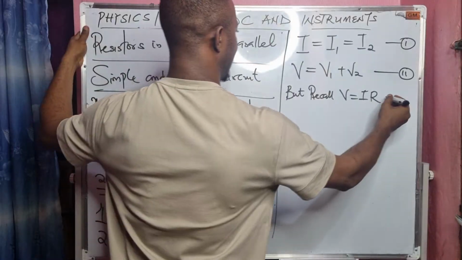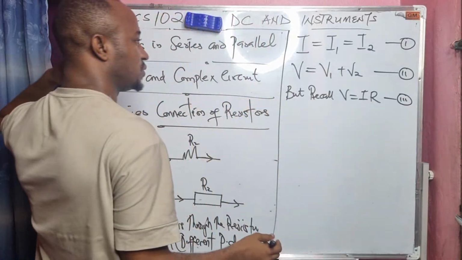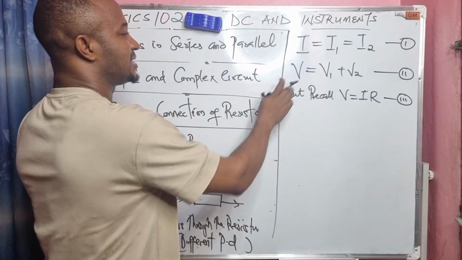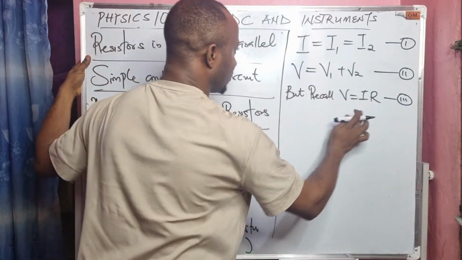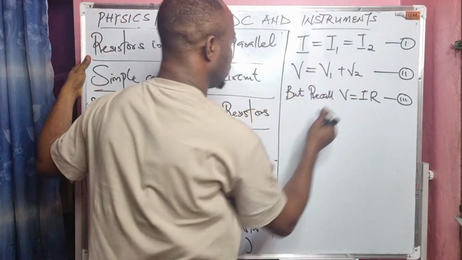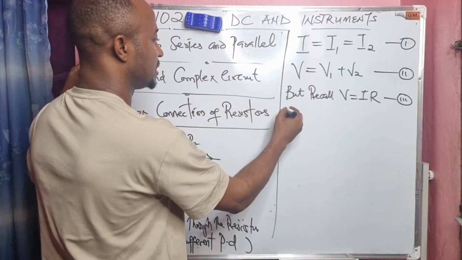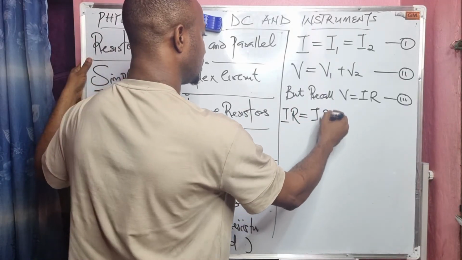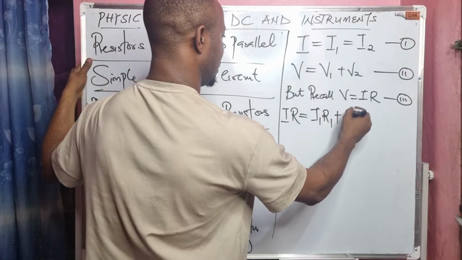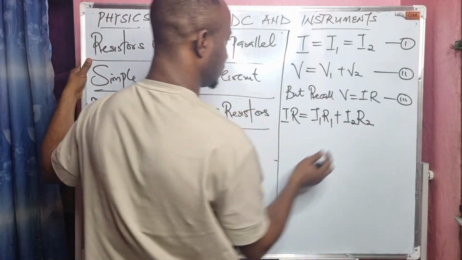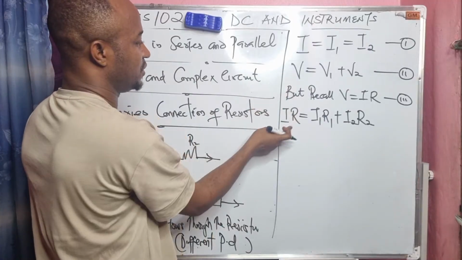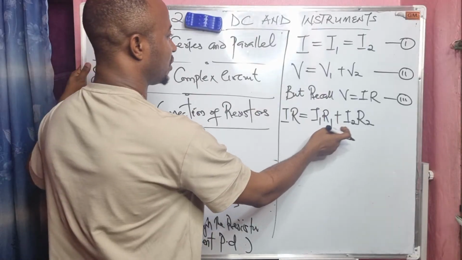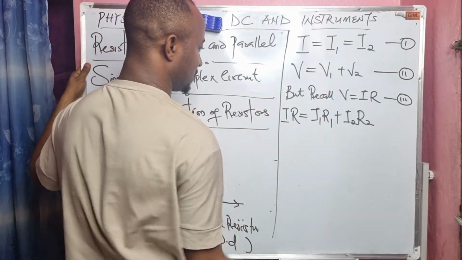If V equals IR, equation 3, I can put equation 3 into equation 1, meaning anywhere I see V, I will replace it with IR. This becomes IR equals I1 R1 plus I2 R2. I replace my V with IR. Since V is IR, V1 becomes I1 R1 plus V2 becomes I2 R2.